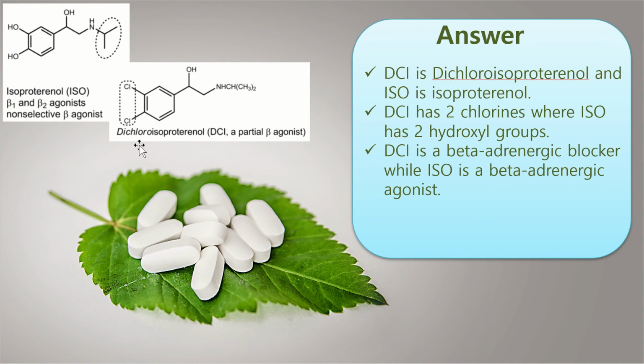And we probably should have said that DCI is mainly a blocker, because we see here that it's a partial beta agonist, right? But what we're pointing out here are the differences, right? So one can be a blocker, the other is an agonist.